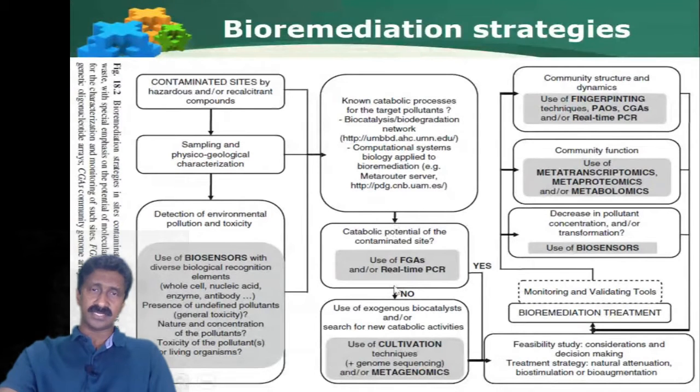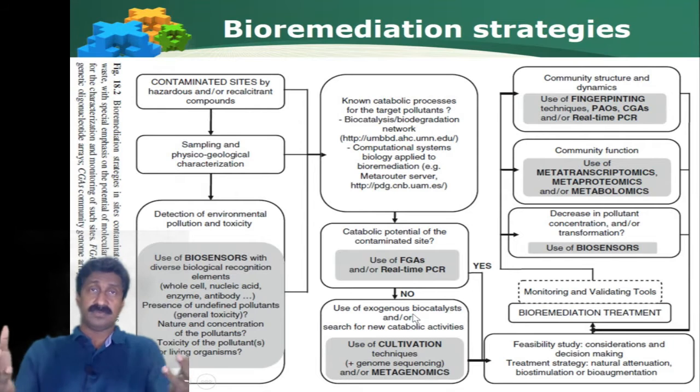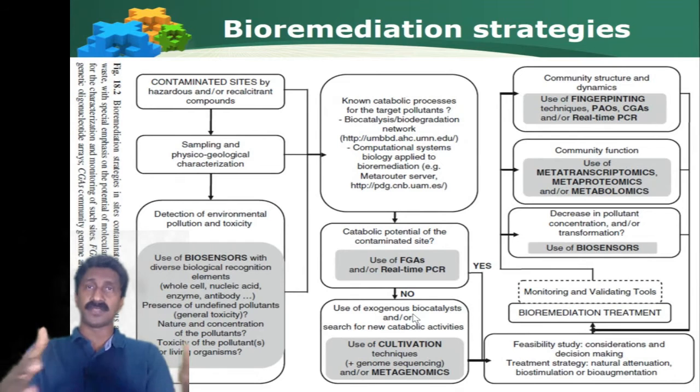Then the next point is, if such catabolic potential is not available in the existing site or in the natural environment, then you can try exogenous biocatalysis. If the required pathways are not present in the naturally existing organisms, then you can import something from the external environment, from some other site, or you can introduce a foreign organism with a metabolic pathway which is already known.